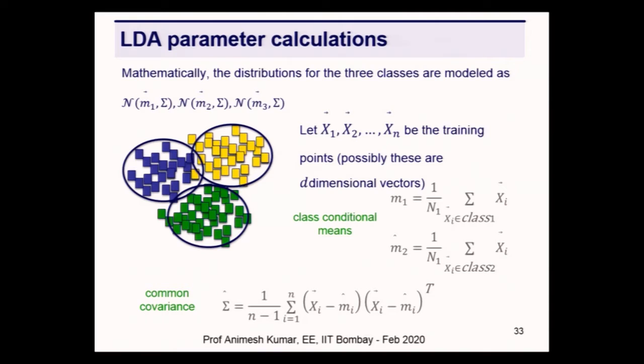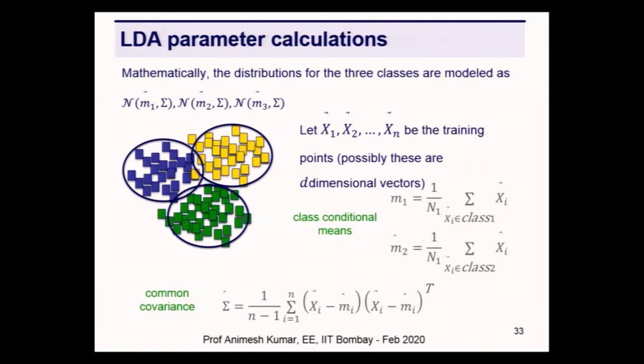That gives you the M1 vector, the first class conditional mean. Similarly, you can compute the second class conditional mean. This should be N2, this is a typo here. So M2 hat is basically the average of all the points labeled as class 2, and so on. So you can compute these class conditional means.